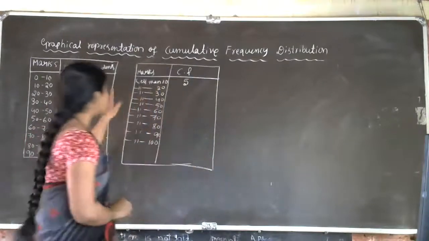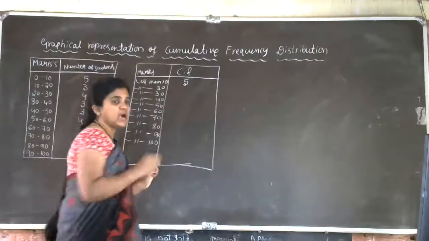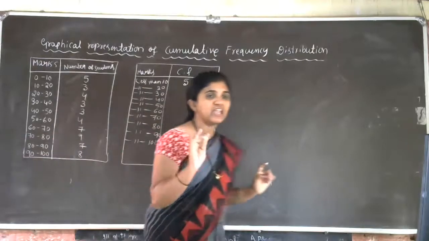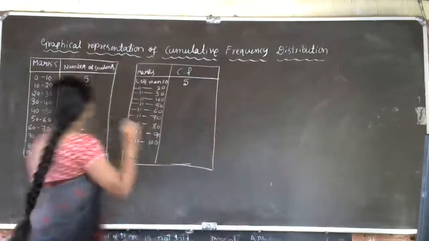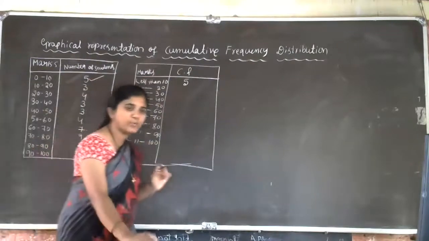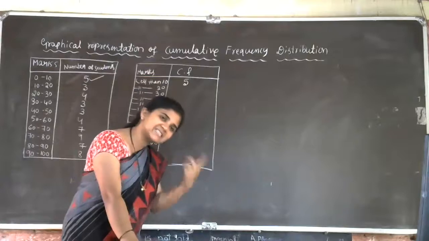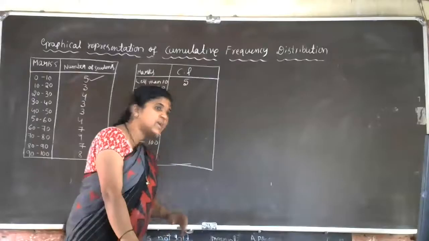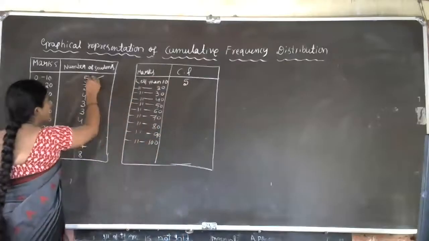Next, if I ask less than 20, how many of you got less than 20? Then what is your answer? The 5 students from less than 10 are also added in the less than 20 group. So what do we have to do? 5 plus 3.